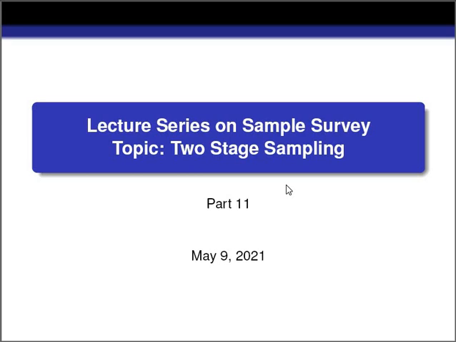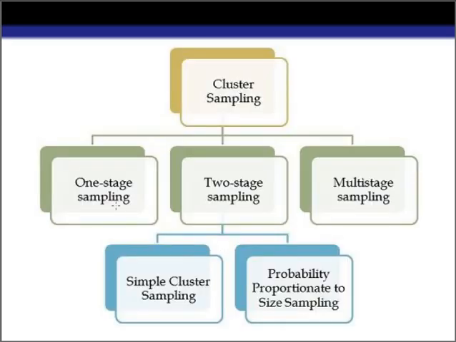This is the 11th part of the series, and in this part we shall discuss two-stage sampling. In the previous part we discussed cluster sampling, and we have seen that there are three parts: first one-stage sampling, then two-stage sampling, and then multi-stage sampling.